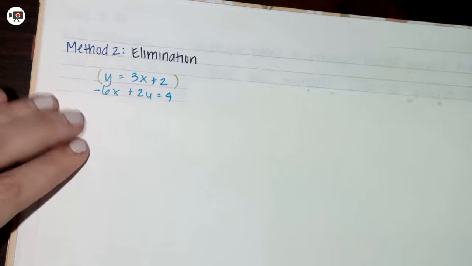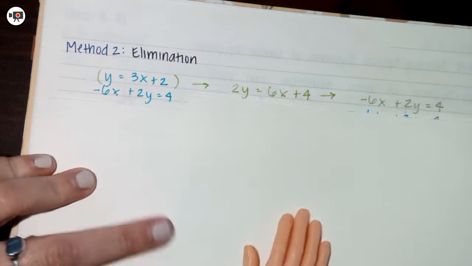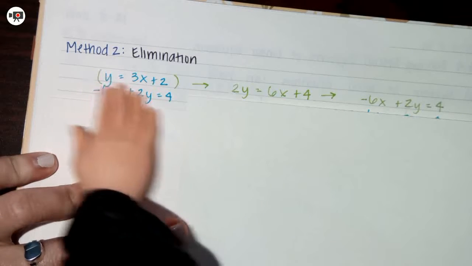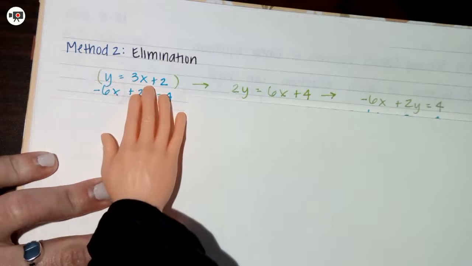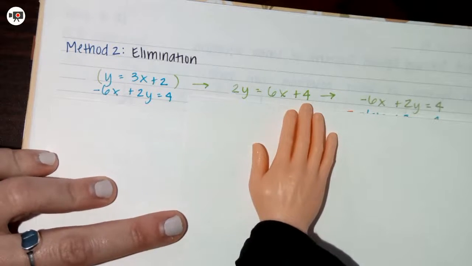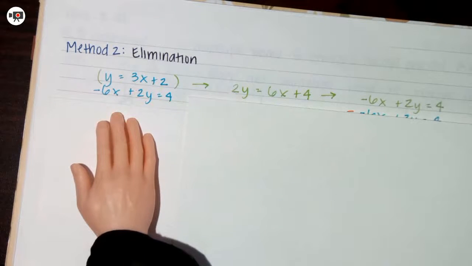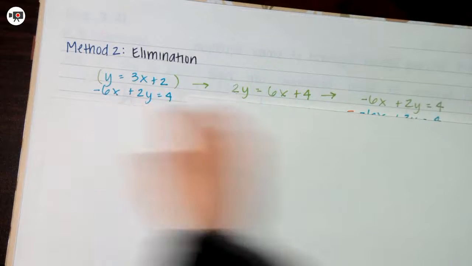Another way that I could solve infinite solution problems is by elimination. With my two equations, y equals 3x plus 2 and negative 6x plus 2y equals 4, I can solve by elimination. I'm going to multiply the top equation by 2, and I get 2y equals 6x plus 4. Remember, with elimination, I want my x's or my y's to have matching coefficients.